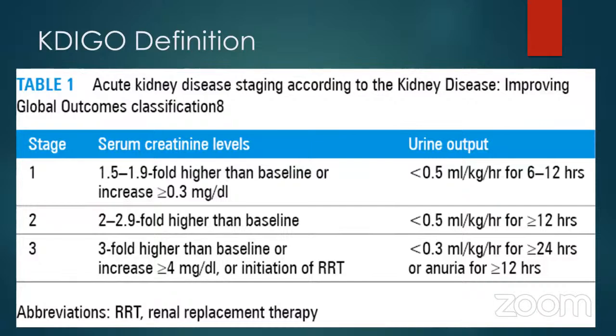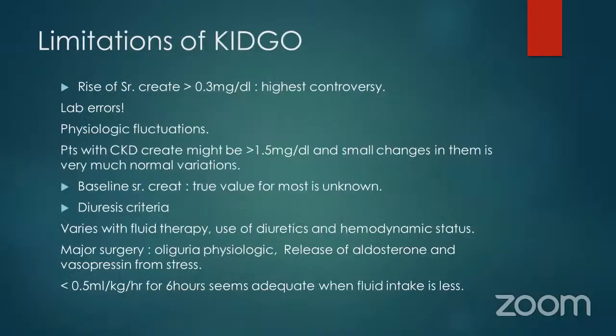In stage 3, creatinine is increased to more than 4 milligram per deciliter, or renal replacement therapy is initiated, or it is 3-fold higher than the baseline. For urine output, it is less than 0.3 ml per kg per hour for more than 24 hours, or anuria for nearly 12 hours. These are the 3 stages of the KDIGO definition.